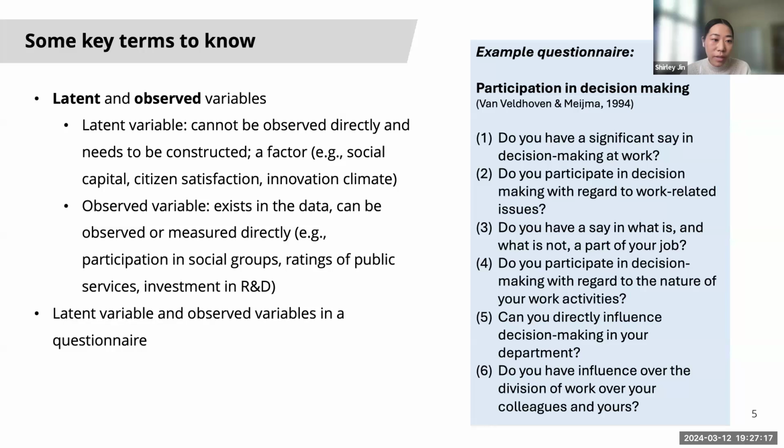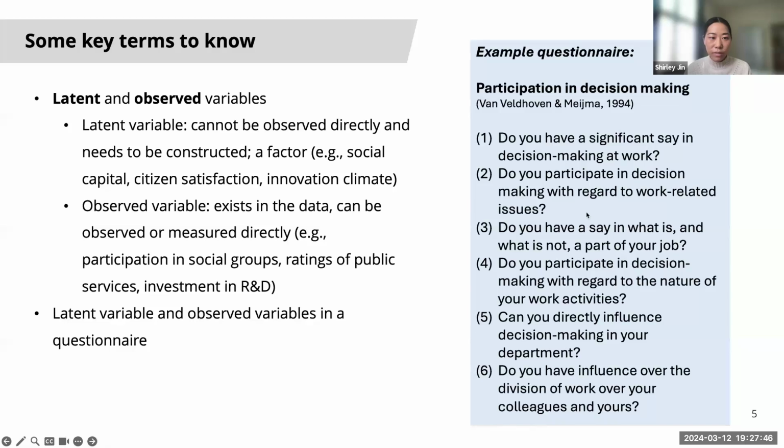And we can actually understand latent variable and observed variable in a questionnaire setting. Like we have a questionnaire on employees' participation in decision-making, and we have 6 questions to measure this variable, right? These 6 questions measure different aspects of participation in decision-making, and these 6 questions are actually observed variables, right?